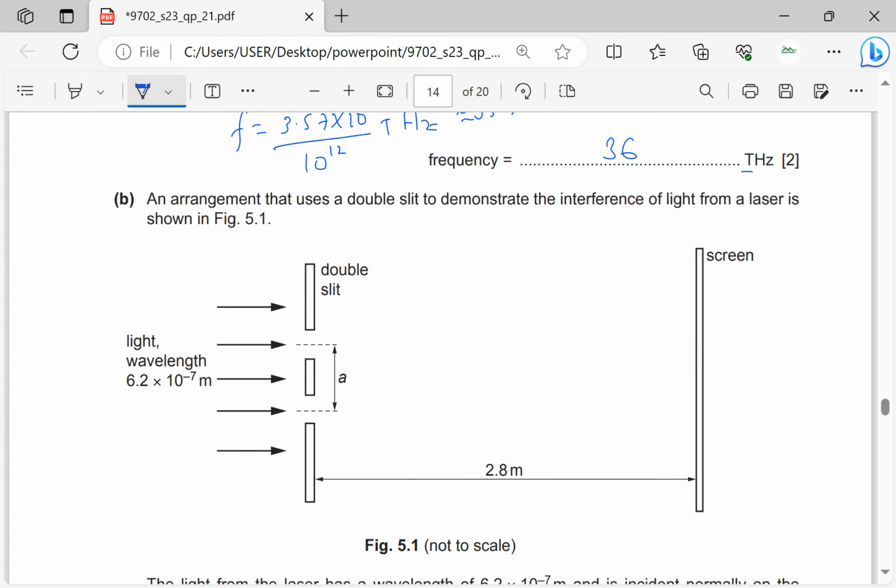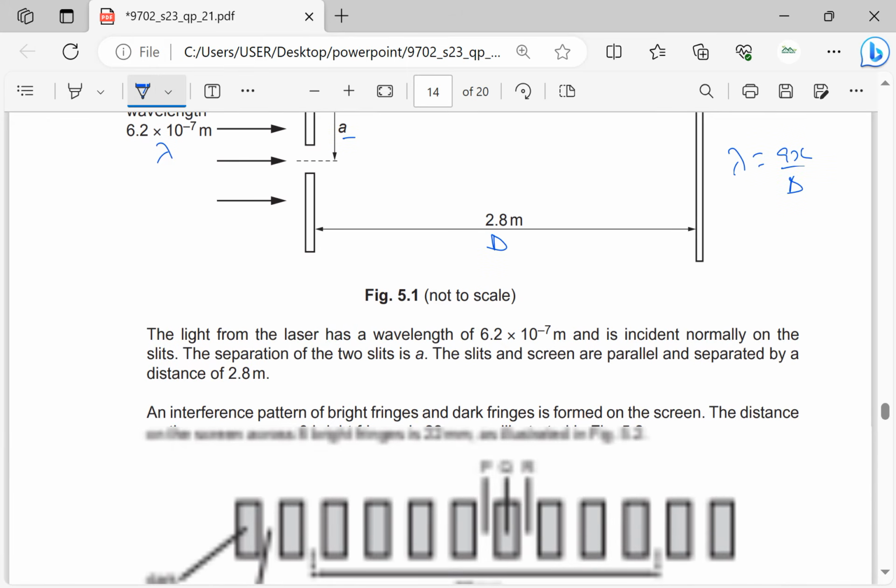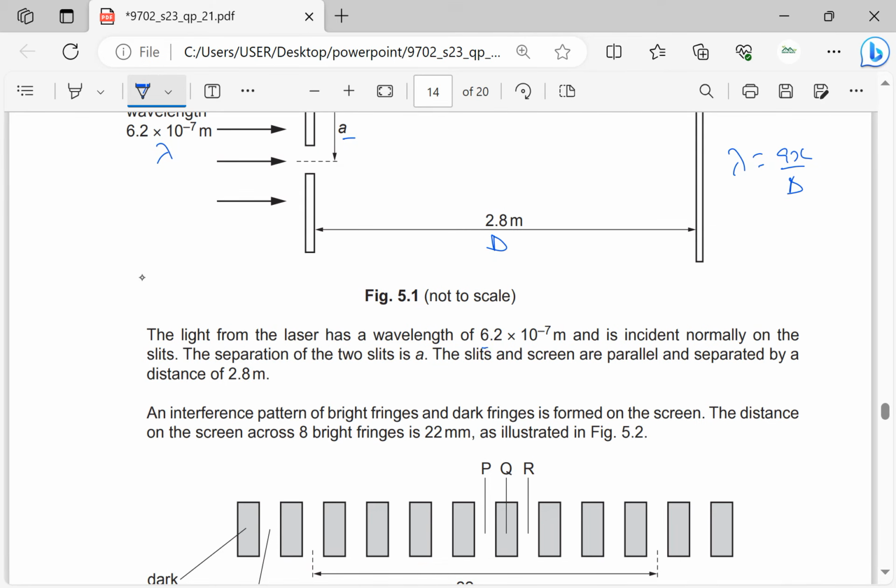An arrangement that uses a double slit to demonstrate the interference of light from a laser is shown in the figure. We know that for a double slit, lambda is equal to AX divided by D. The light from the laser has a wavelength given and is incident normally on the slits.